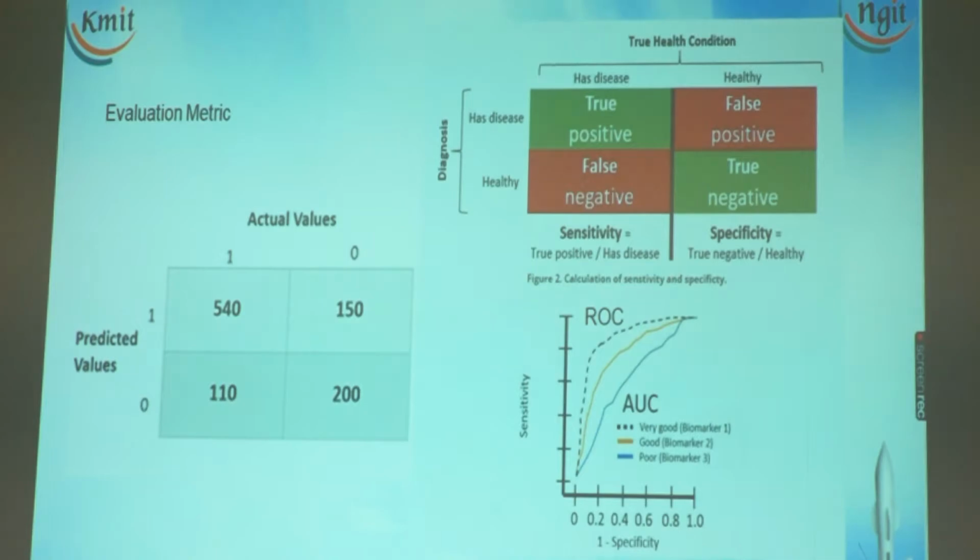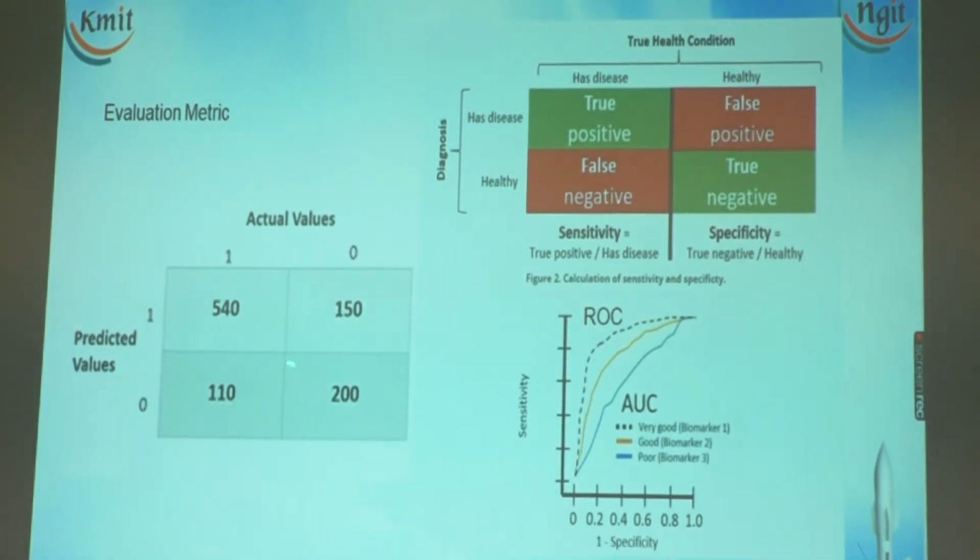Normally whenever we talk about the confusion matrix for classification, we go with the ROC curve. In the ROC curve, we always look at the area under the curve. This blue line is the area under the curve and this is the ROC curve. It is the true positive rate against the false positive rate, that is 1 minus specificity, along with recall.